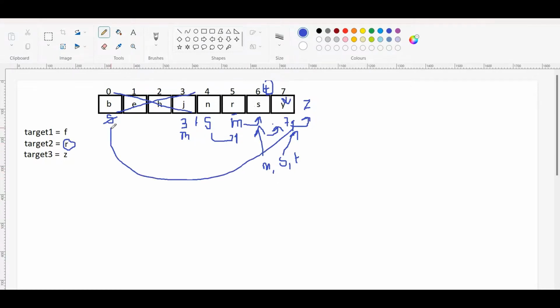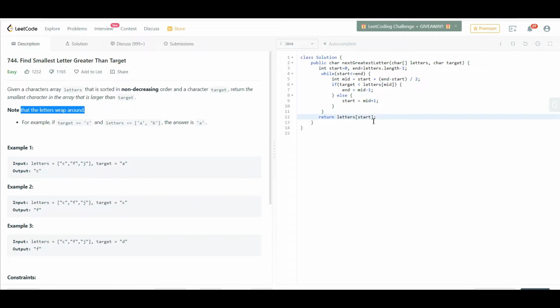To return the zeroth index, we have to take start modulo the length of the array. So we will not only return the start element, we'll return letters of start modulo letters dot length.